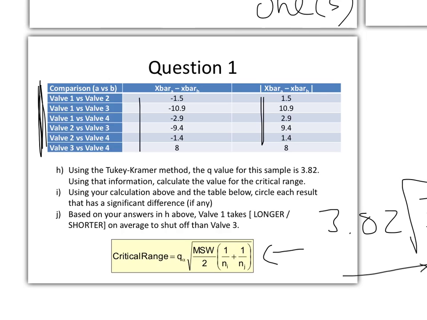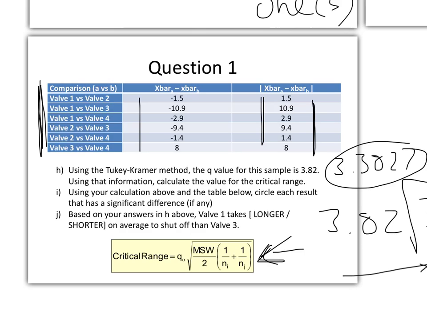All right, so let's go back over here. Okay, so we said our critical range is 3.3827, and that's as a result of calculating this equation right here. Now that we've got the critical range, we compare that value to each of these. If the absolute value is greater than this, we would say it's a significant difference.